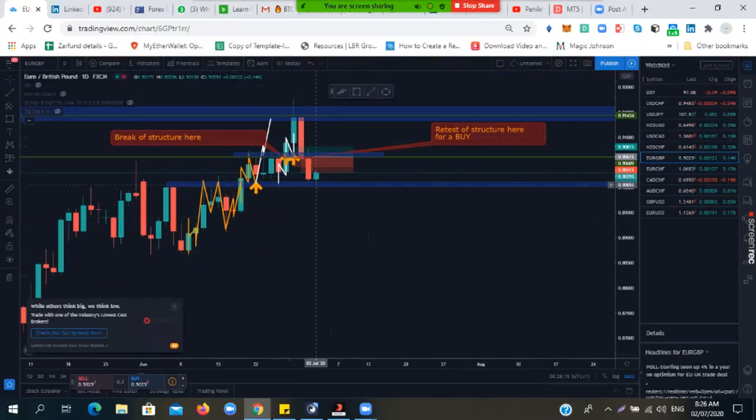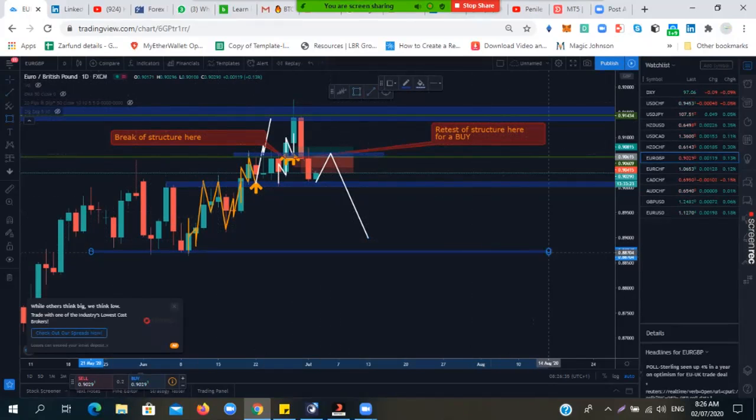So we might see a buy to this zone right now and a further sell-off. I'm expecting to see price come here and then sell off from here, to another structure, probably to this point.